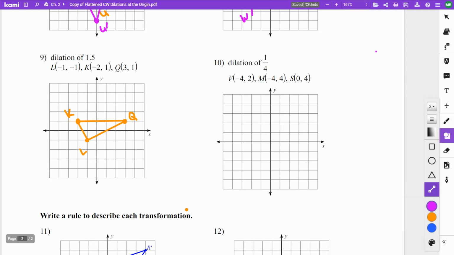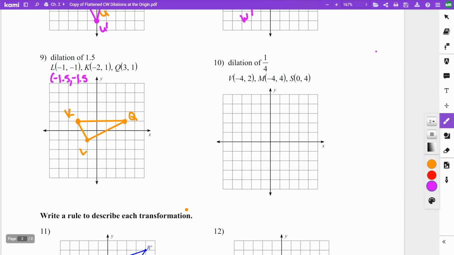And then I'm going to times everything by 1.5. And when I do, I'm going to get negative 1.5, negative 1.5, negative 3, 1.5, 4.5, 1.5.